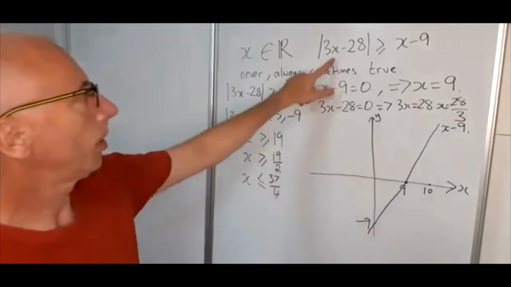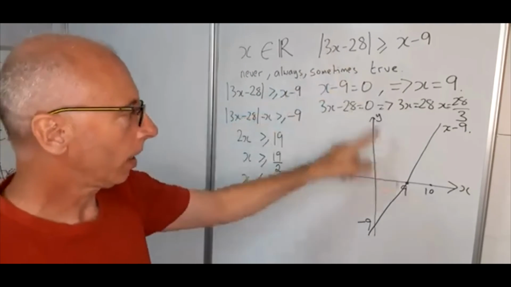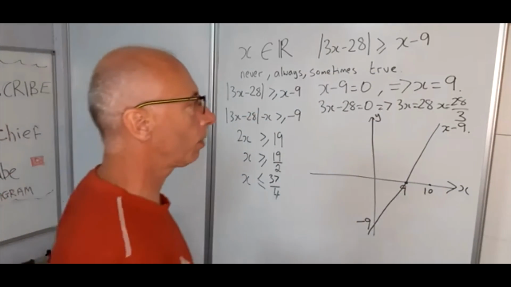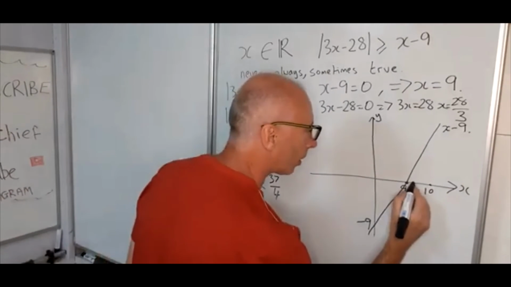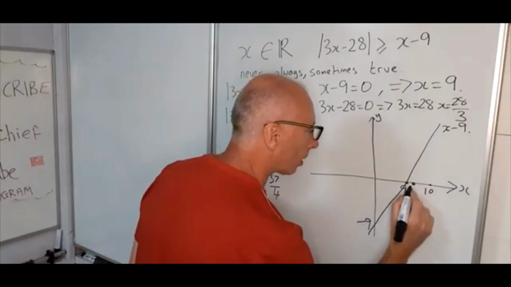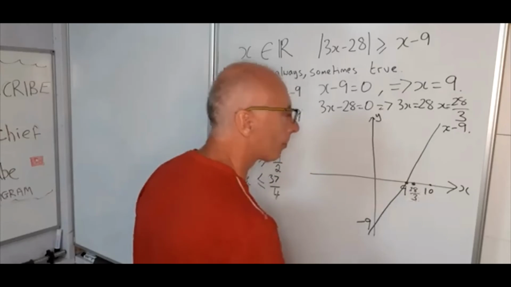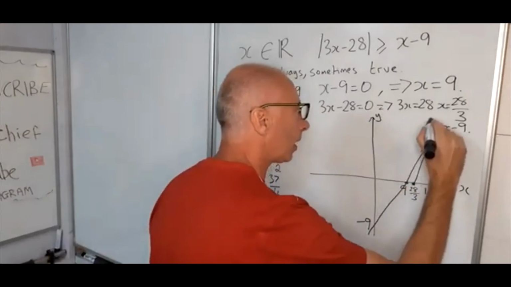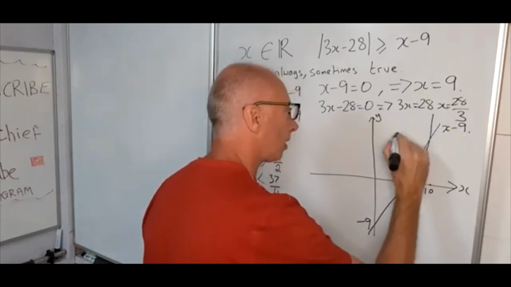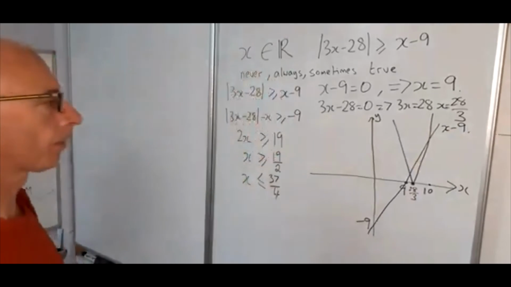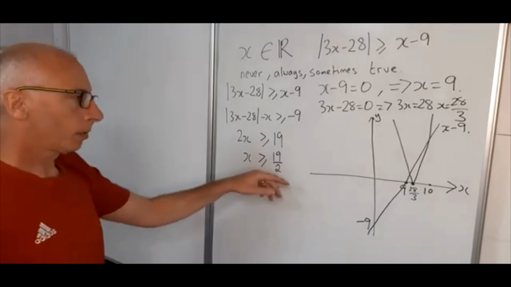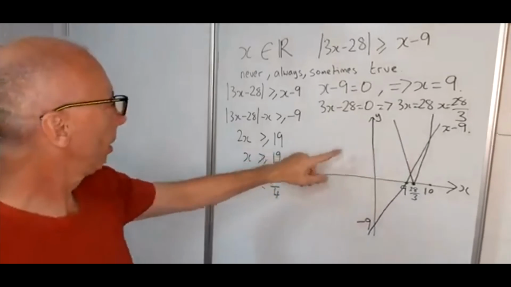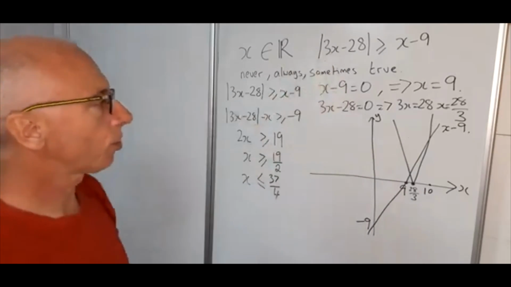Now the modulus one, that's going to be like a zigzag. Now we know that crosses the axis at 28 over 3, which is 9 and 1/3. So this point here is 28 over 3. Now what we'll have with that one is, this will go up here like this, and up here like this. So we're going to see that this inequality is true.